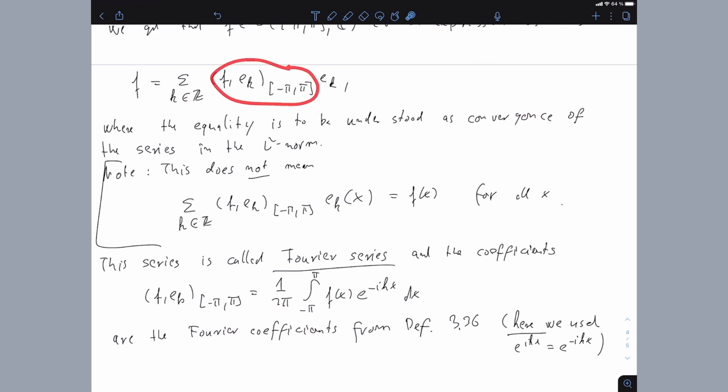The coefficients look like the frequencies obtained by the Fourier transform, and they are computed with integration, but the inversion is done with this countable sum.